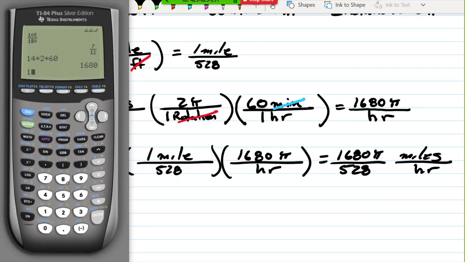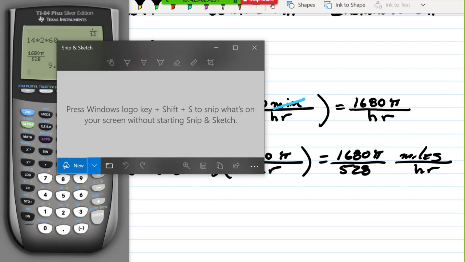So I go 1680 pi over 528, and I get the following value.